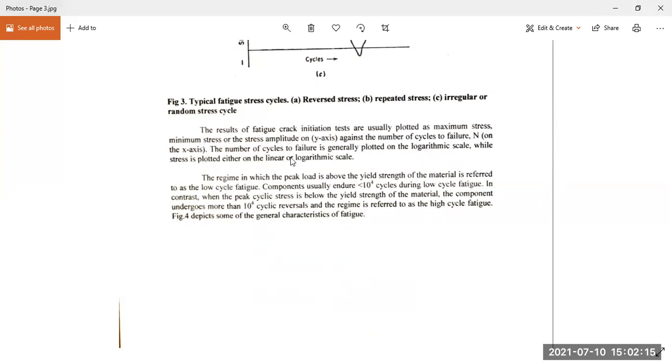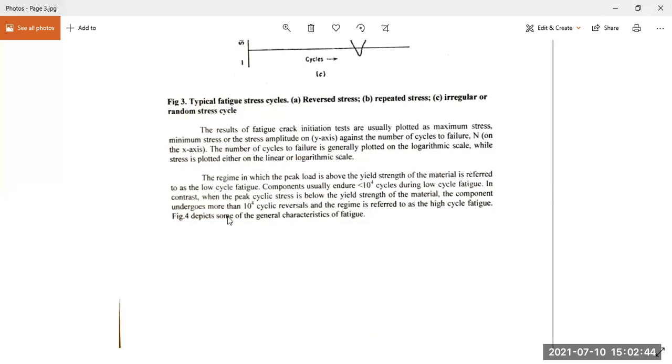The number of cycles to failure is generally plotted on a logarithmic scale, while stress is plotted on either a linear or logarithmic scale.